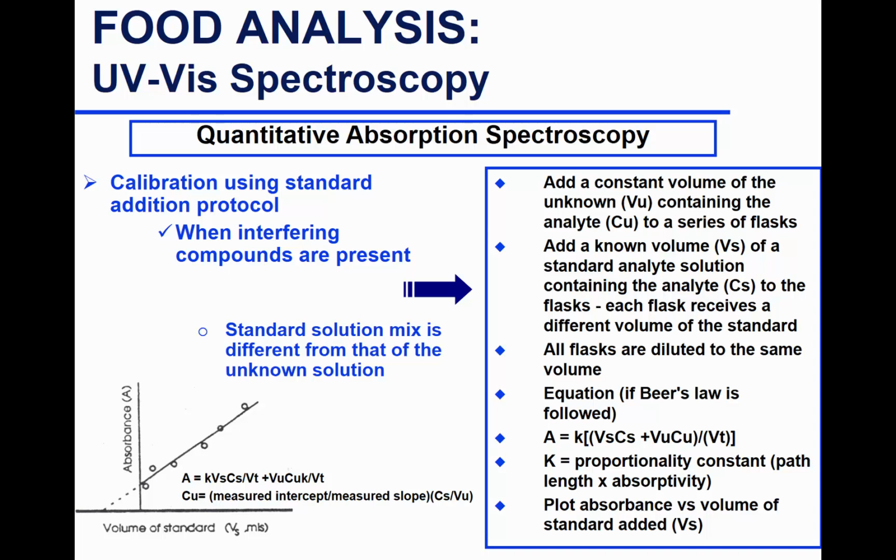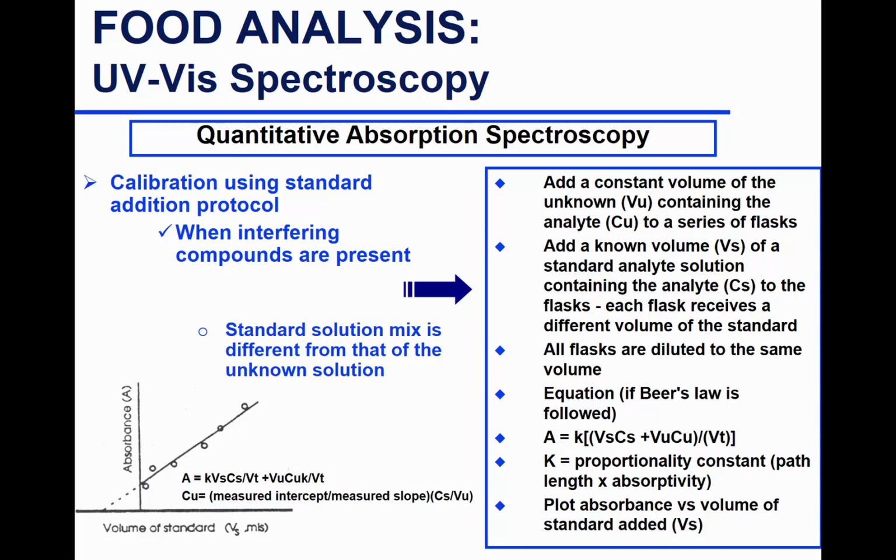Okay, so this is a complex thing that I'll try to explain very slowly and carefully. So we said we use a blank to correct for differences due to reagents. But sometimes your sample itself is very complex.